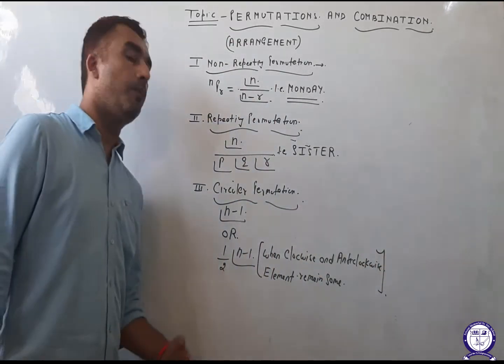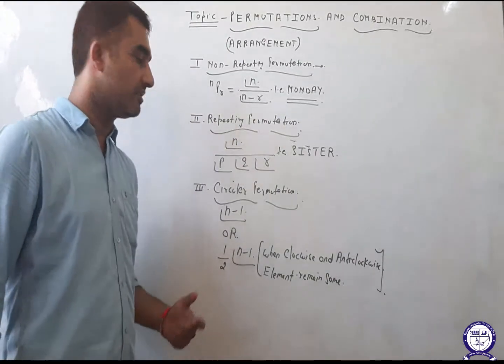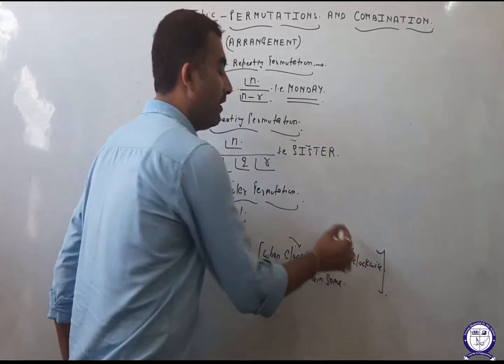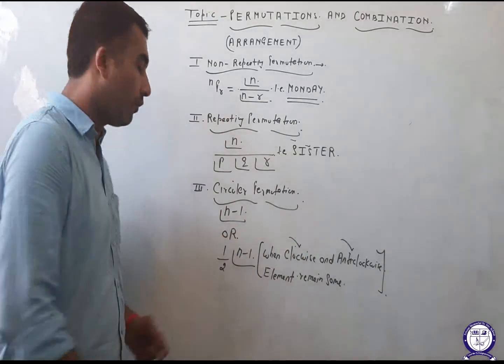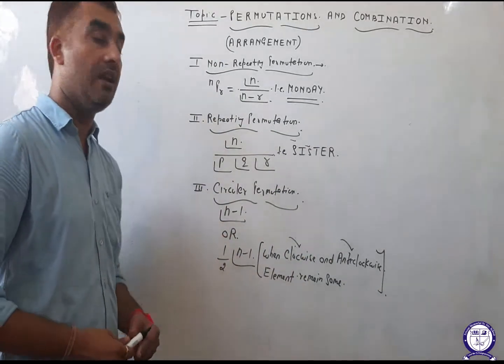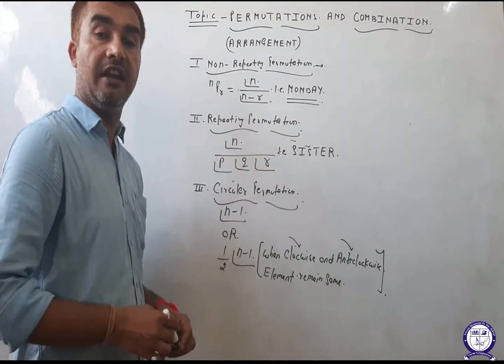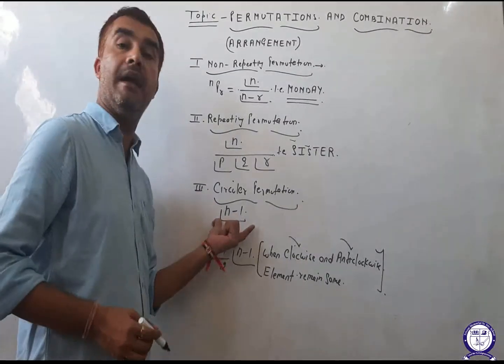Like a necklace of pearls, you can check the pearls clockwise and anti-clockwise, it will remain the same. The formula will be half factorial n minus 1. Like persons sitting at a table, the formula will be factorial n minus 1.